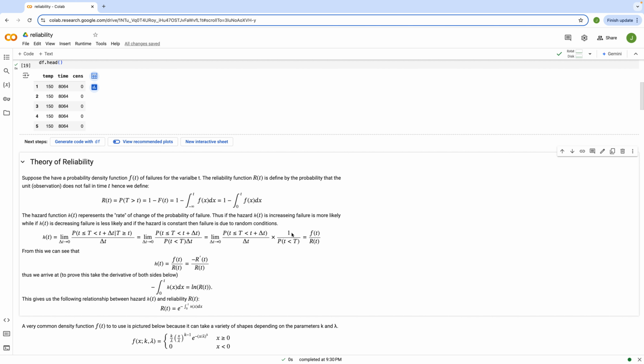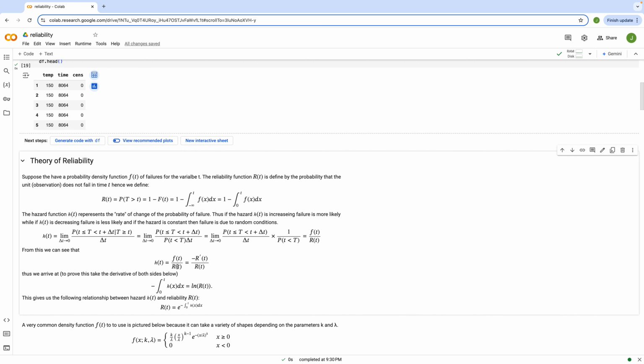And that piece that it takes longer than time t to failure is the definition of reliability right here in this denominator. So the first piece involving that limit is the density function times 1 over the reliability, because it didn't fail up to time t, so that meets the definition of reliability. So the hazard function is the density function divided by the reliability. That's one way to express the hazard.